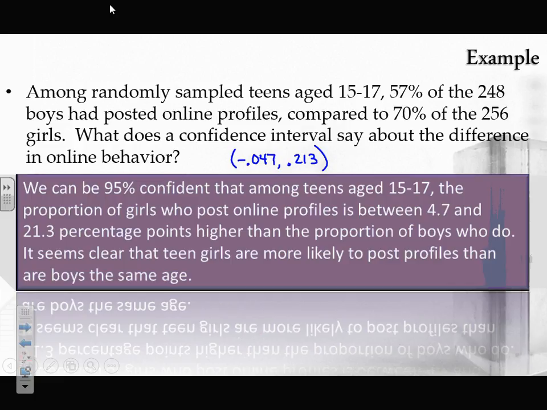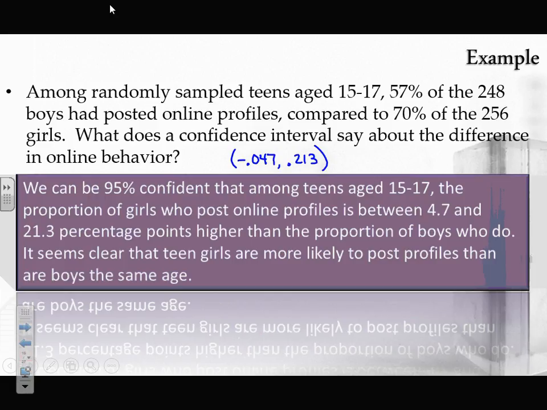So if we get something like this, our interpretation changes just slightly. So we'd still start off, we can be 95% confident that among teens aged 15 to 17, the proportion of girls who post online profiles is between 4.7% lower and 21.3% higher than the proportion of girls, or the proportion of boys.